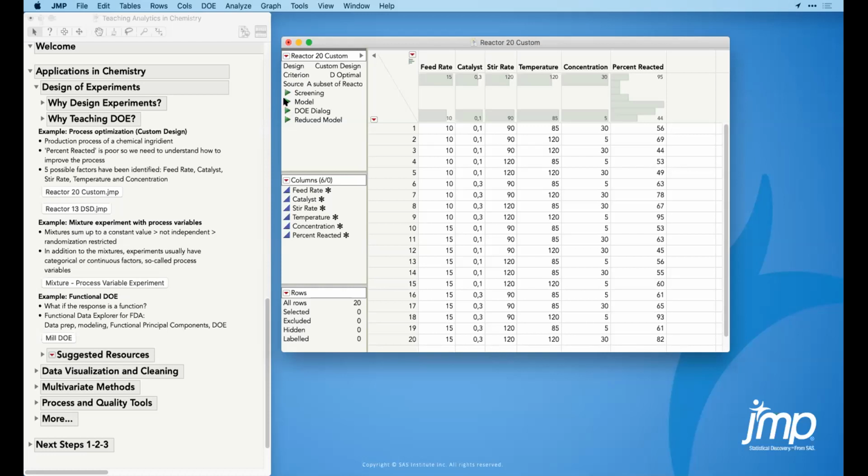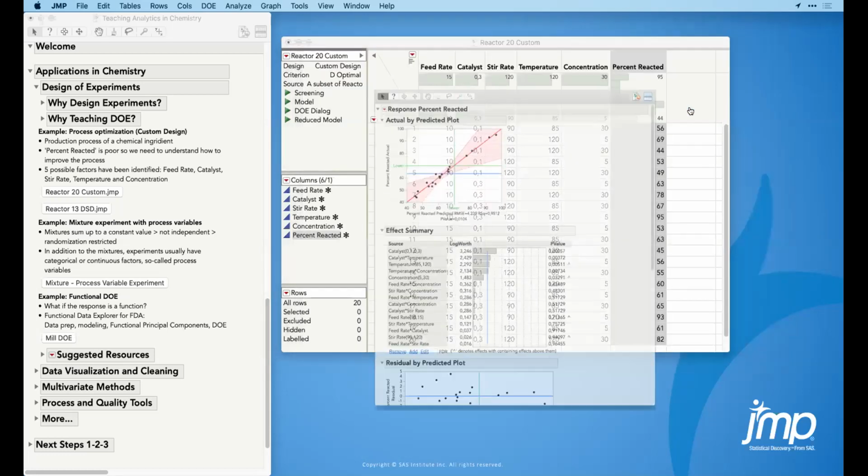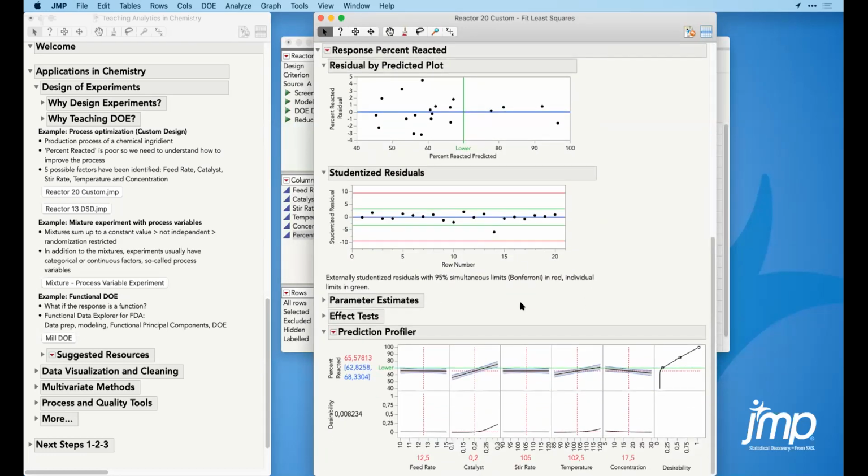Yeah, and then you take the measurements and you run this experiment, and the data table still remembers what the goal is, what you want to learn. So that's what we specified in the model, the effects, the parameters we want to estimate from this experiment. And because we have our response measured now, the experiment is done, I can build the model, and then look at the profiler again.